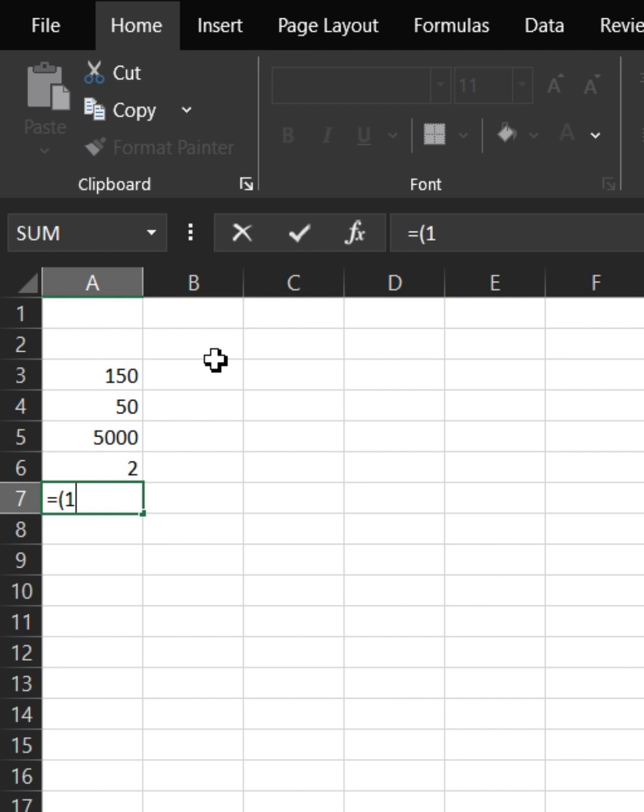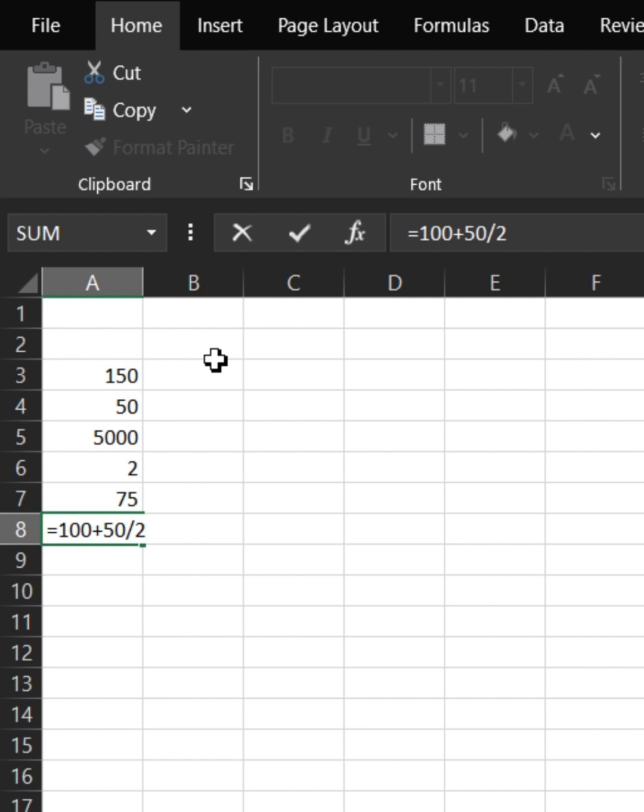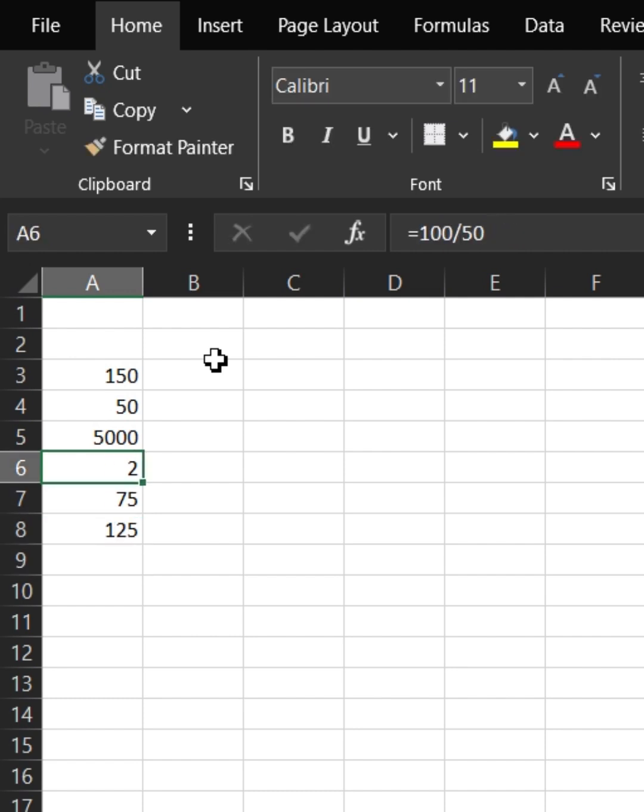So 100 divide 100 plus 50 divided by 2. The brackets are very important, otherwise you will get some very funny results. 100 plus 50 divided by 2, which is not correct. So the order of operations follows.